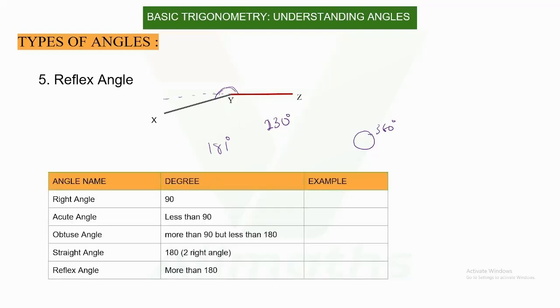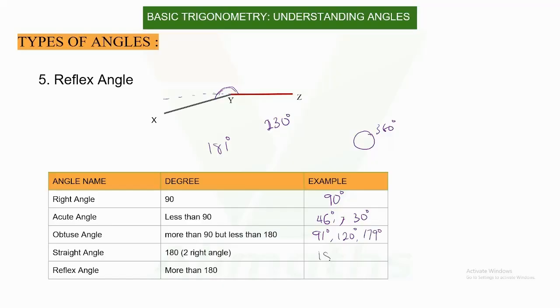In summary, we have the right angle, which is 90. Of course, there is no other example to that. 90 degrees, right? We have the acute angle, which is less than 90 degrees. It could be 46 degrees, it could be 30 degrees, anything less than 90. We have the obtuse angle, which is more than 90 but less than 180. It could be 91 degrees, it could be 120 degrees, it could be 179 degrees, but not up to 180 degrees.